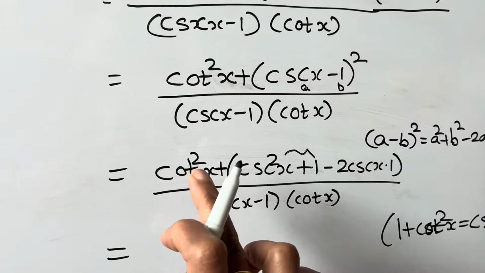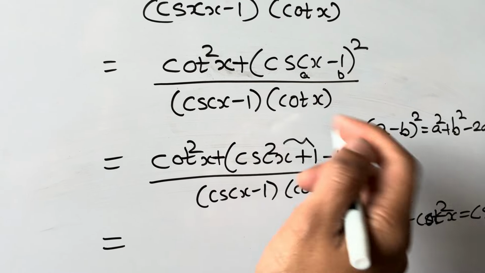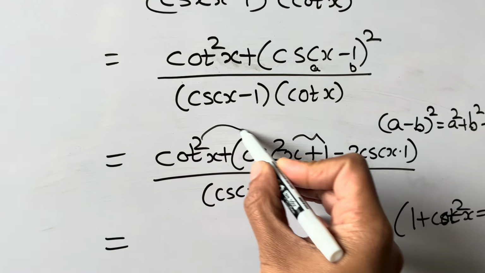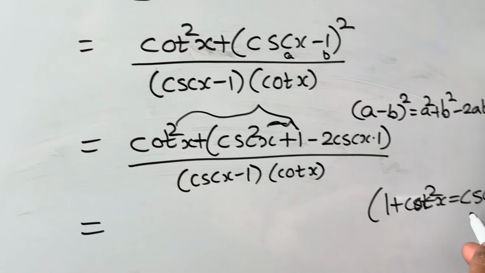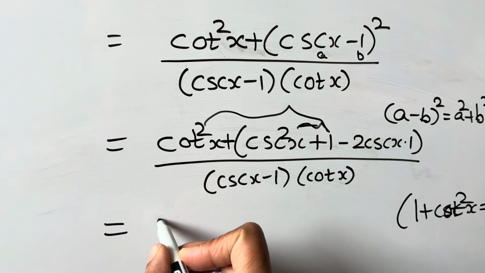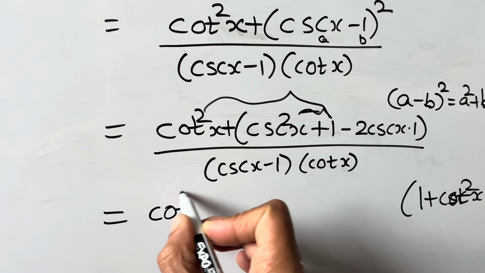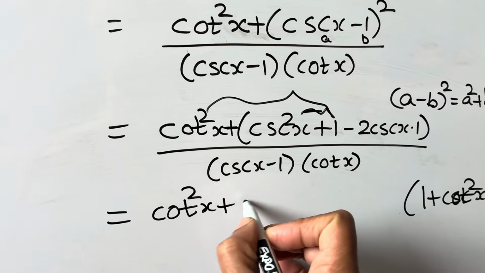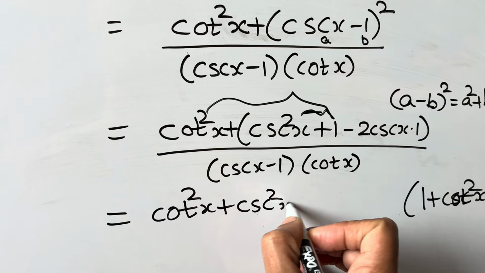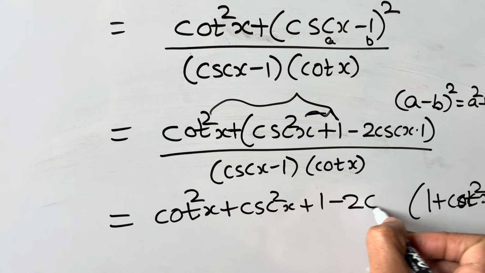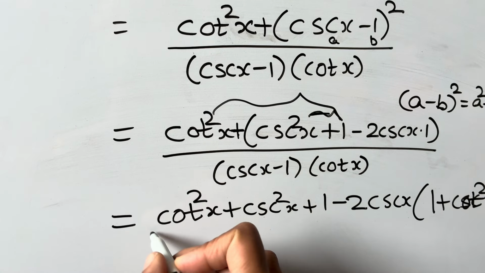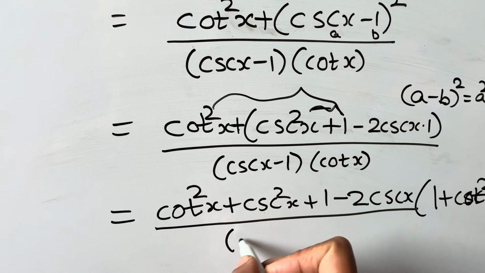So I'm going to apply my identity here. So on the numerator, I'm going to rewrite the numerator once again, cot square x plus cosecant square x, plus 1. Now I'm going to remove the brackets and write the total numerator as it is.